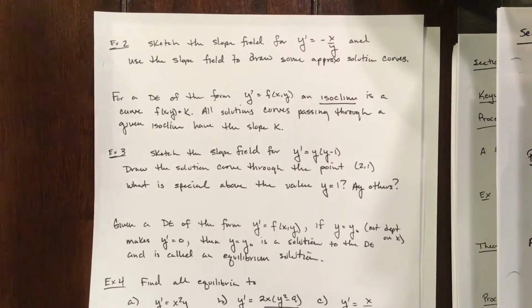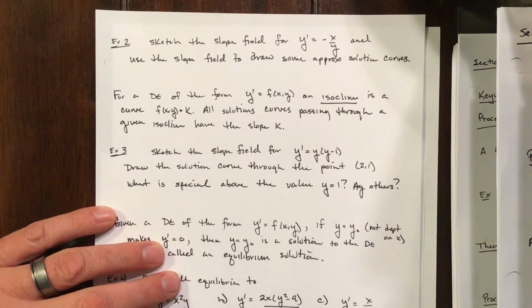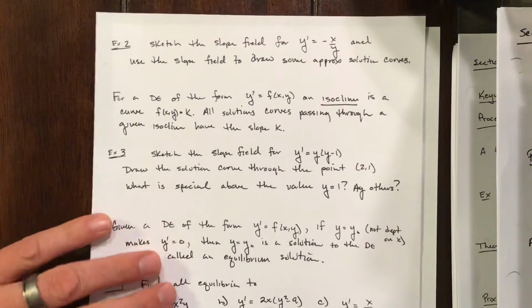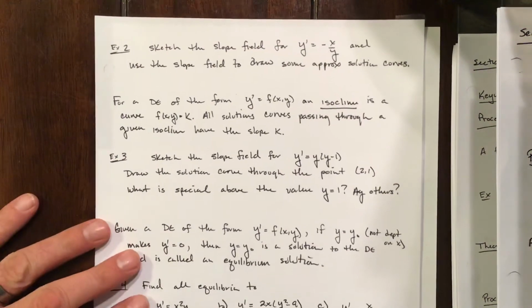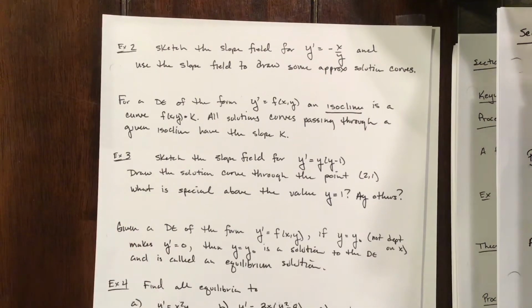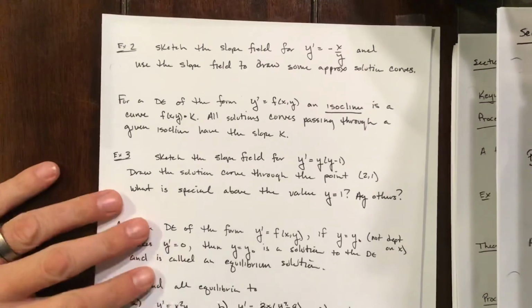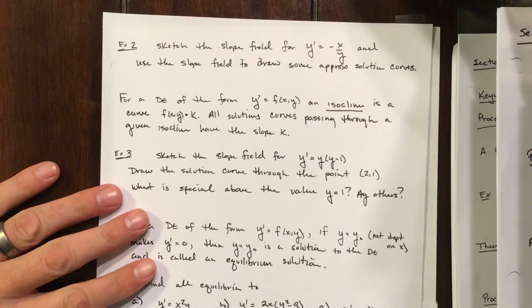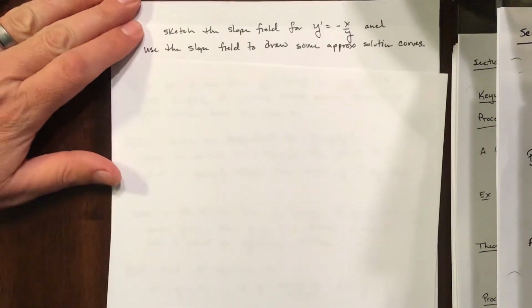Sketch the slope field for y prime equals negative x over y, and use the slope to draw some approximate solution curves. This is a really boring labor. Well, it doesn't involve a lot of labor. You'll see why we'll do it once and we won't ever do it again. But let's take a look at it.